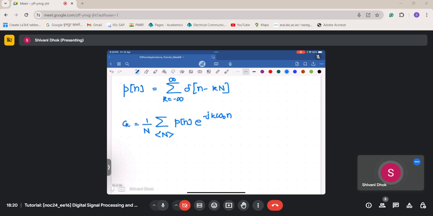So let us take the first interval which will lie somewhere from n equal to minus N by 2 to N by 2. If it is not the case, then you can just take a ceil here which will take the next higher digit of it.